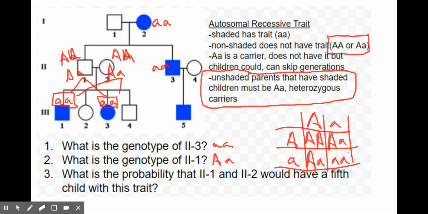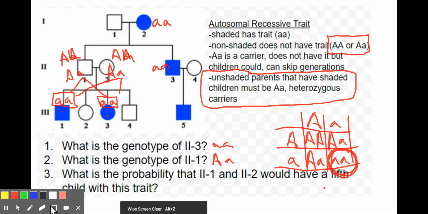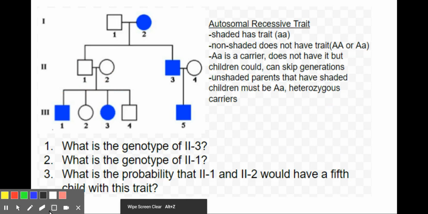To have the trait, they have to be homozygous recessive. So that is 1 out of 4. That's the probability of having another child that's also having it. So they're kind of beating the odds right here by having 2 that already have it. Okay, let's move on.